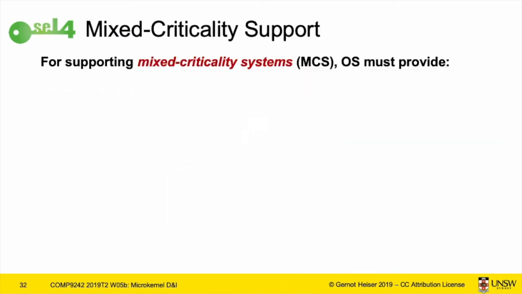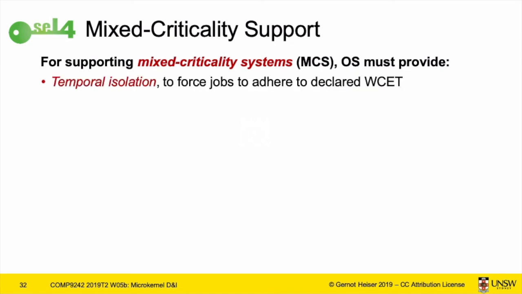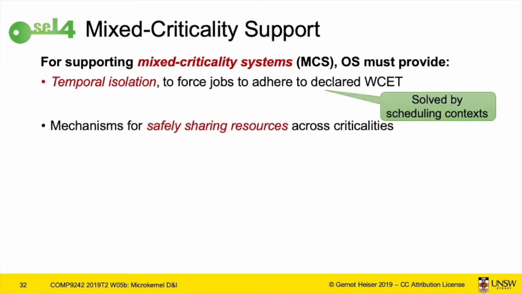So this comes back to what we need for mixed criticality support. We need temporal isolation, which scheduling contexts give you. But you also need a way to safely share resources. And from what I told you so far, we don't have that yet. We can share these resources, but not safely.